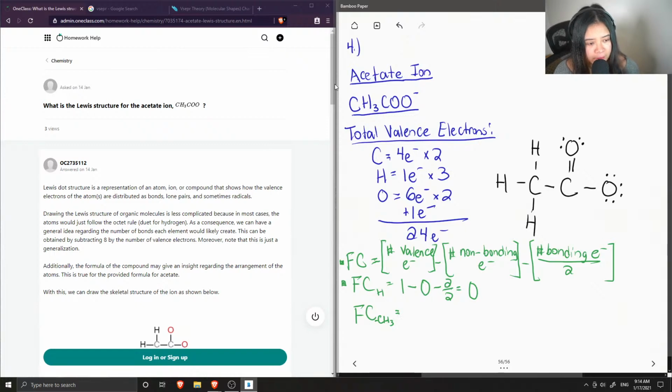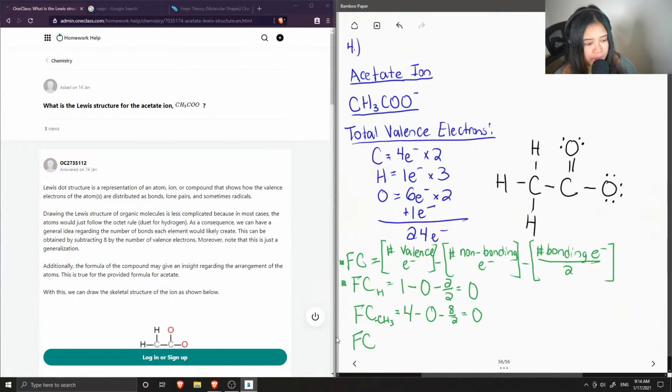There are 4 valence electrons and no lone pairs. And there are 4 bonds to this carbon. So 8/2. So this carbon also has a 0 formal charge.